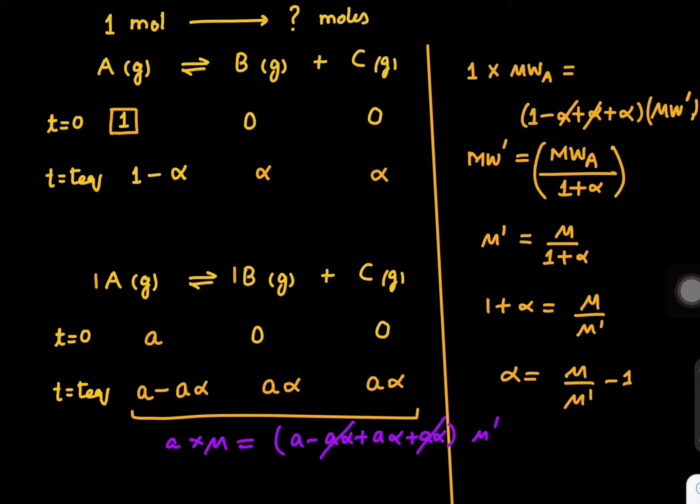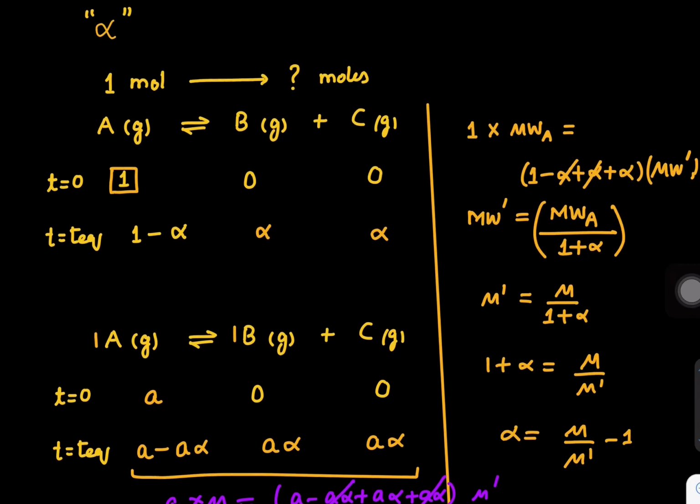If you solve this properly, A gets cancelled. So M equals M prime times 1 plus alpha, or M prime equals M upon 1 plus alpha. This result is again received with the same kind of calculation. I hope this much is very clear without any problem.